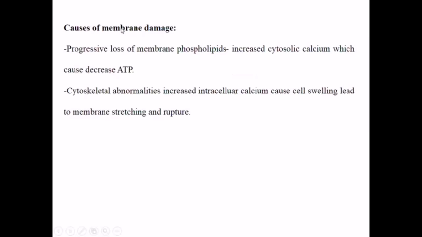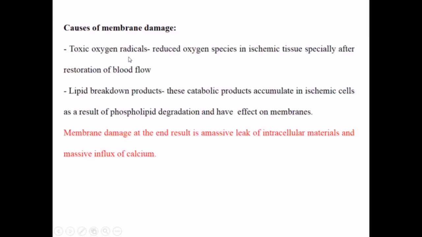Causes of membrane damage: progressive loss of membrane phospholipid, increased cytosolic calcium, which causes decrease in ATP, or cytoskeletal abnormalities, abnormal changes in the structure of the cell, or loss of membrane phospholipid, which affects the ATP.